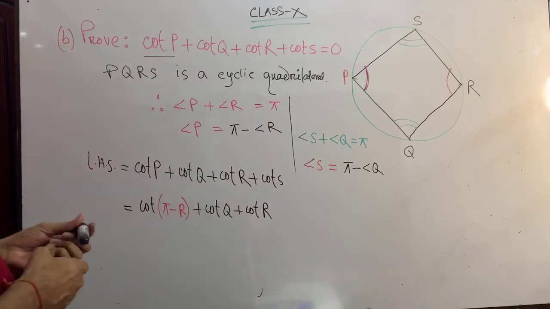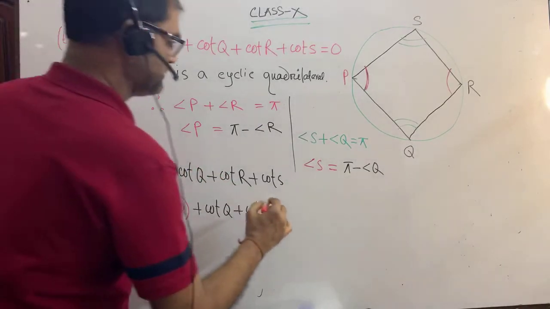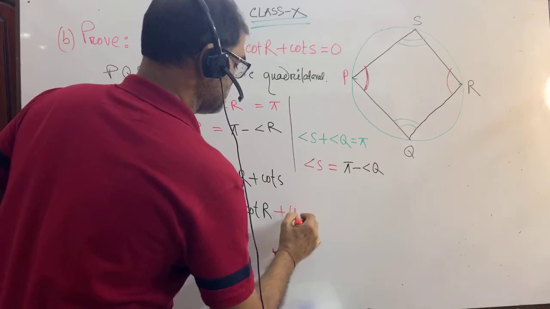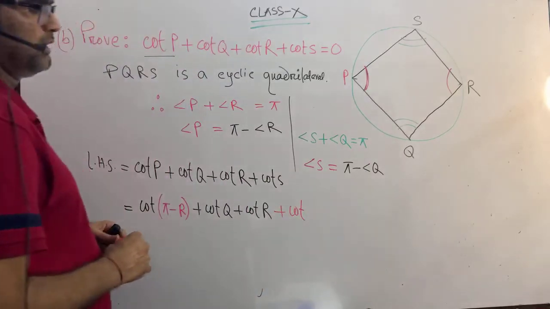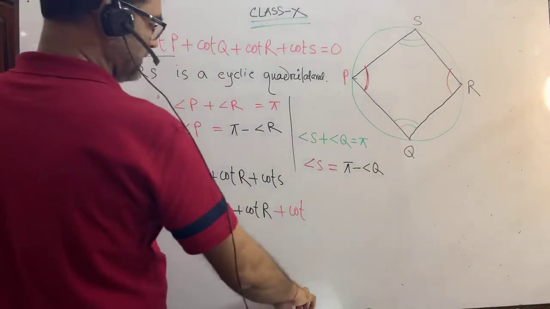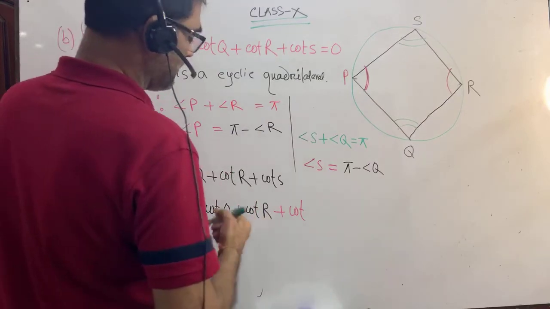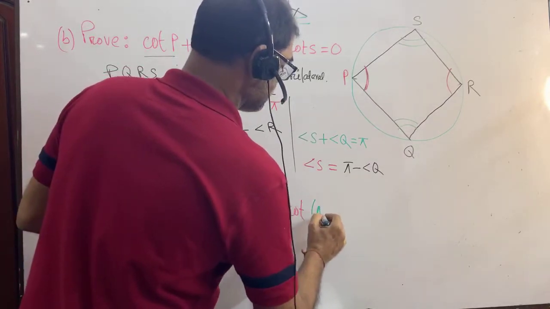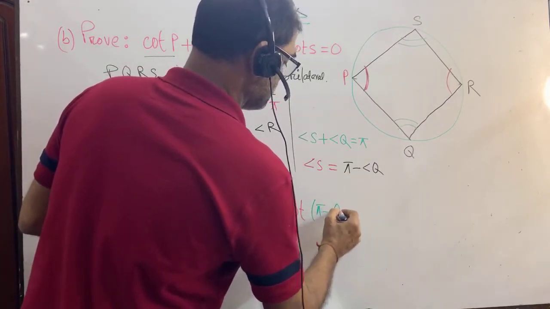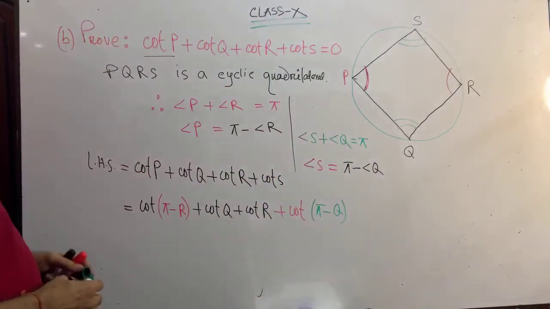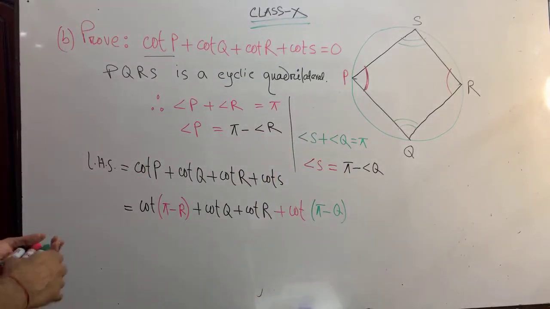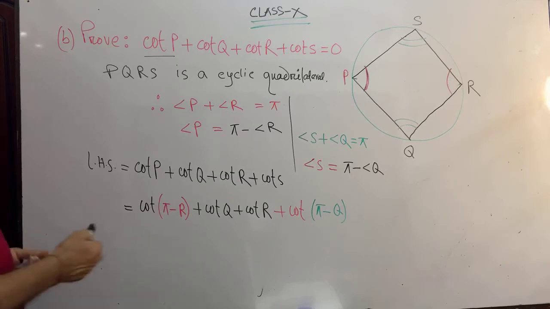Now what is cot S? You see, cot S, S equal to what? Pi minus Q. Now you see, pi means what?